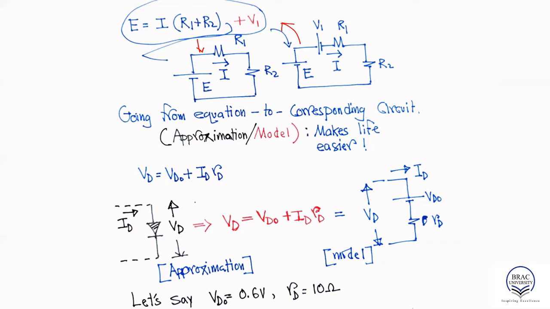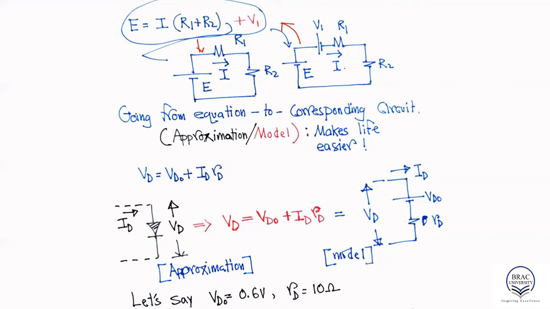Now, if we go back to our previous circuit, where we had the diode as part of the circuit, we have the current flowing through this diode, which is ID, and the voltage across the diode is VD. After doing this approximation, we obtain this relationship: VD is equal to VD naught plus ID RD.